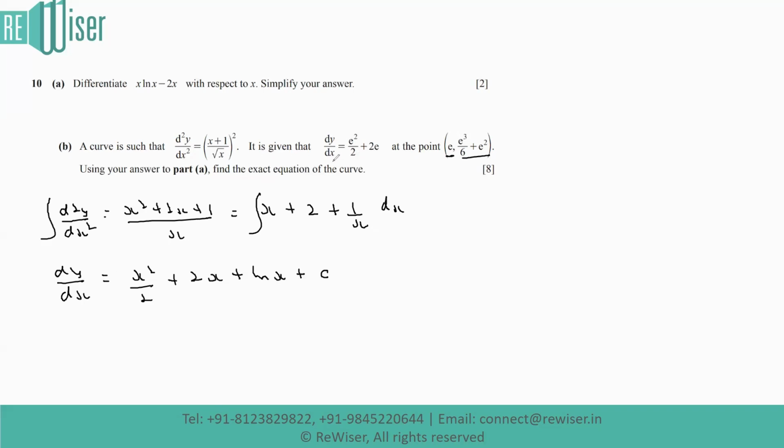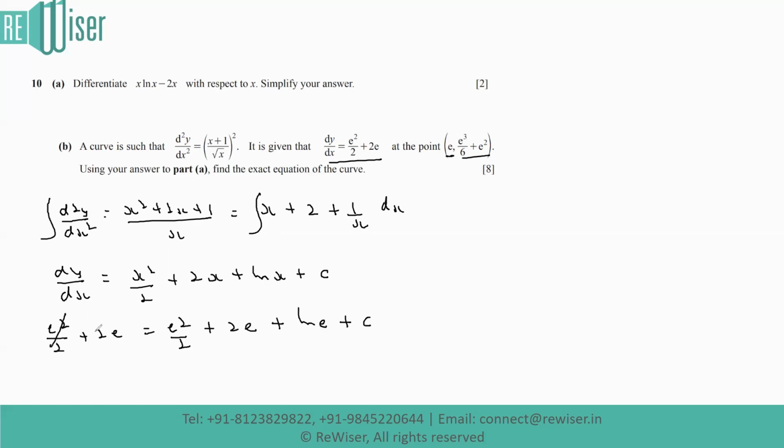Now the value of dy by dx they have given in the question is e squared over 2 plus 2e. So that equals the value of x squared over 2, which is e squared over 2, plus 2e, plus ln x, which is ln e, plus the integral constant c.